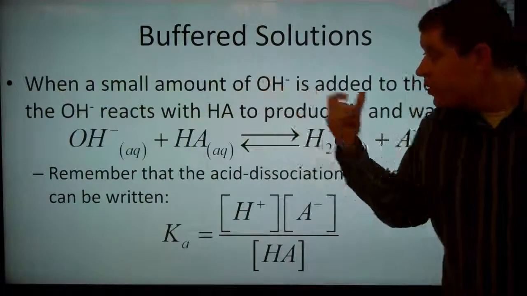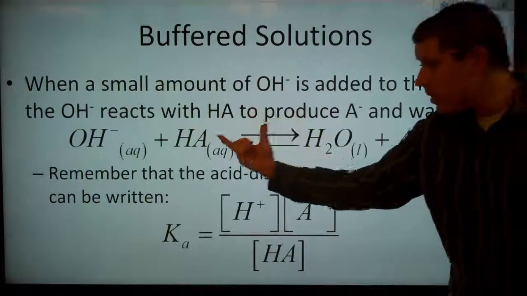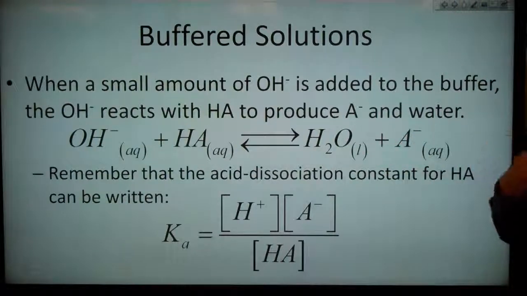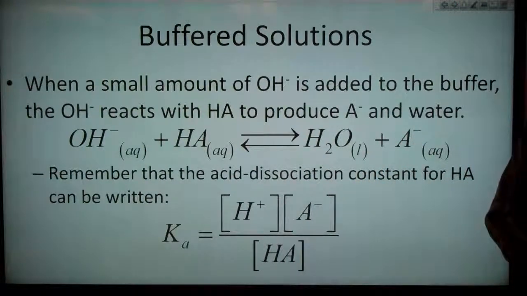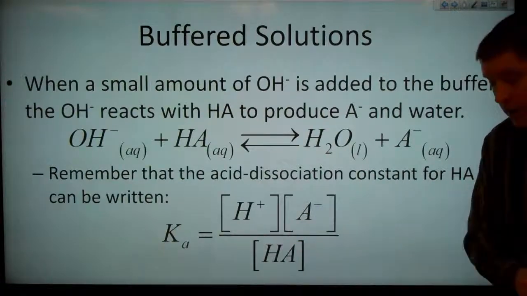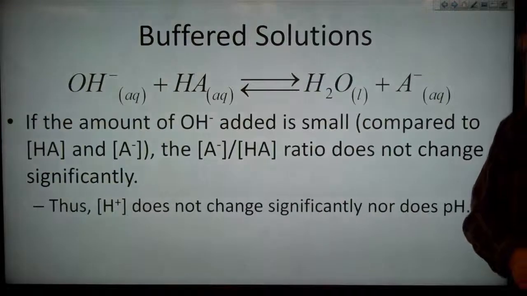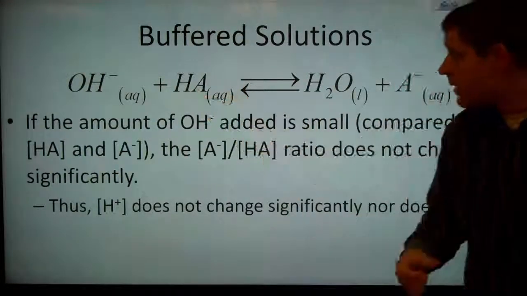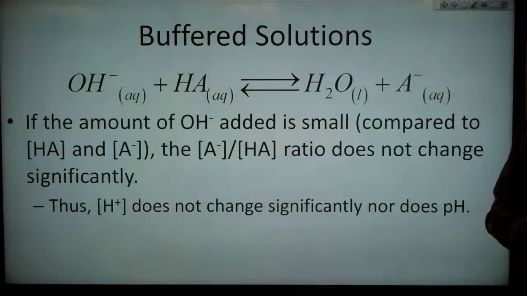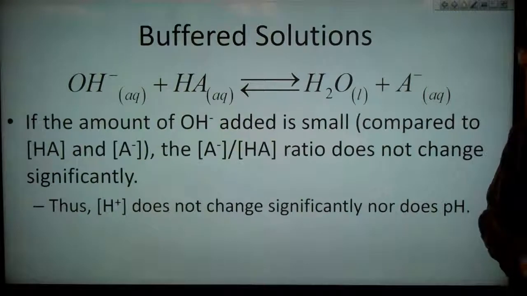So when a small amount of hydroxide is added to our buffer, the hydroxide reacts with our HA to produce A- and water. And again, remember that our acid dissociation constant for HA can be written like this. If the amount of hydroxide added is small compared to our HA and A-, then that A-/HA ratio doesn't change very much.